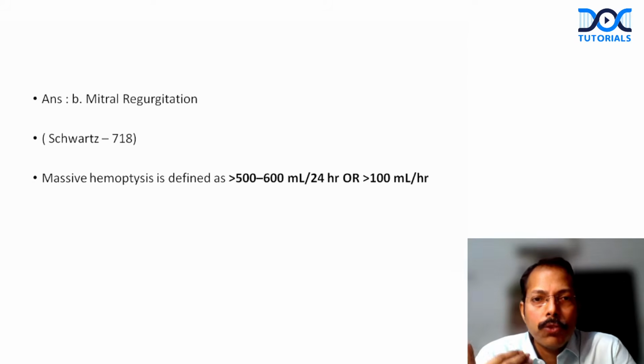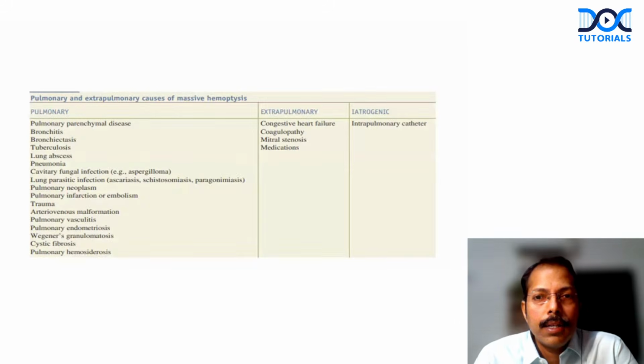So what is a massive hemoptysis? It is defined as coughing out more than half a liter to 600 ml of blood in 24 hours, or coughing out more than 100 ml of blood every hour. So this is a clear-cut definition for massive hemoptysis, and this is again taken from Schwartz. You can appreciate the pulmonary causes, thoracic causes.